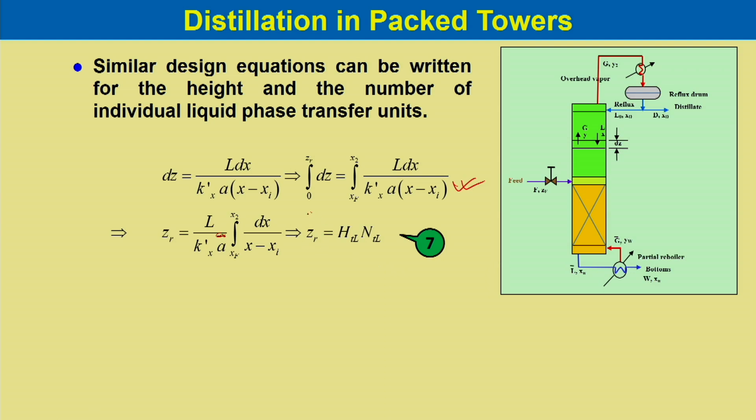So, from here we can write Zr is equal to, this part is nothing but HTL, the height of the liquid phase transfer unit, and this part is nothing but the number of liquid phase transfer units. So, from here we can calculate the height of the packing in the rectifying section based on the liquid phase.